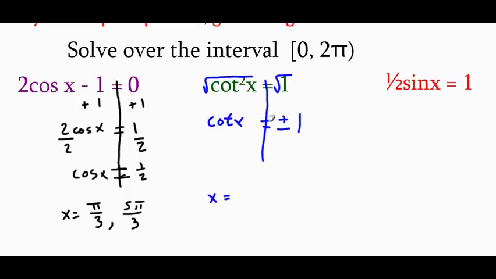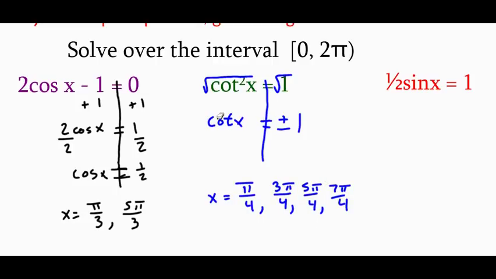Now hopefully these angles kind of pop out. Remember that cotangent is the reciprocal of tangent, and well, it doesn't make a difference in this question because it's both 1. So all of the angles that have a cotangent value of 1 are pi over 4, 3 pi over 4, 5 pi over 4, and 7 pi over 4.